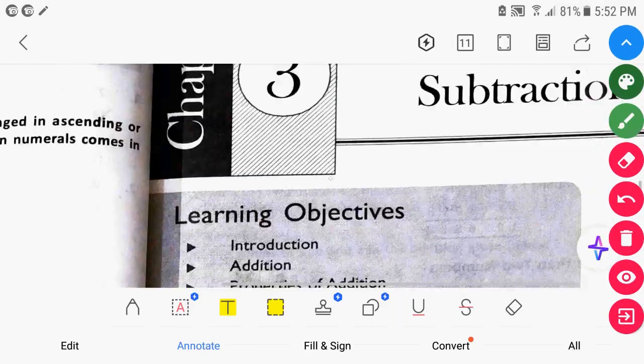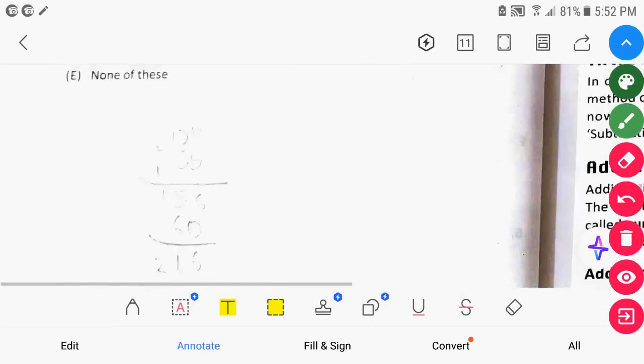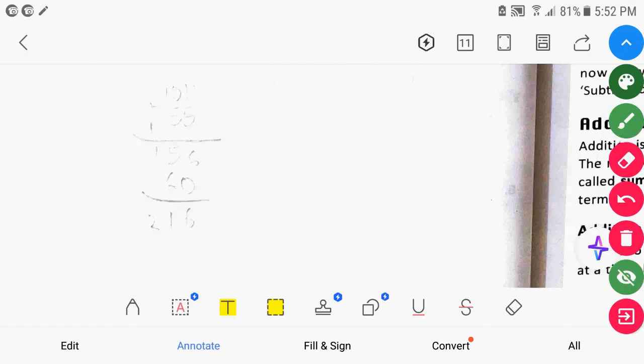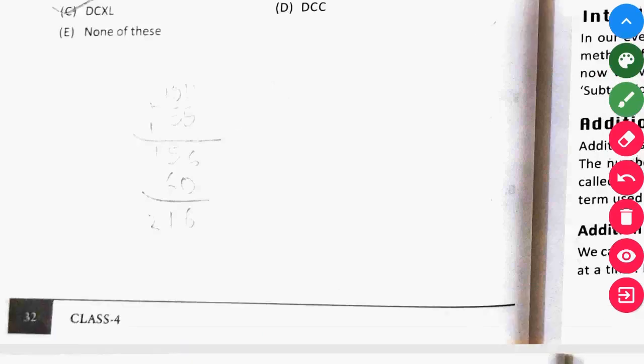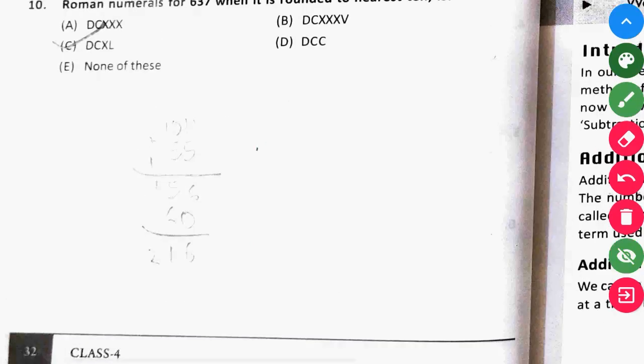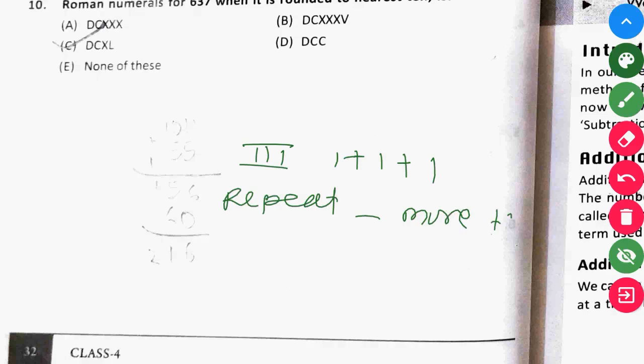Okay. So all this is about Roman numbers. Keep in mind that if the same Roman number is repeated, we have to add them. We cannot repeat any number more than 3 times.